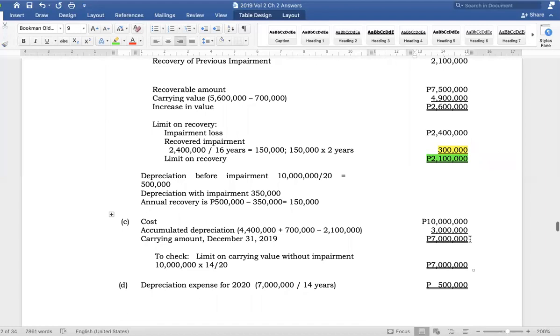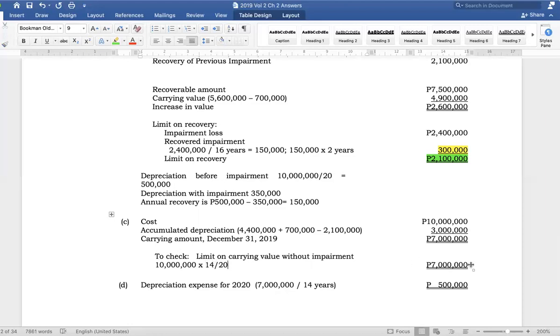This carrying amount should not be higher than the carrying amount had no impairment been previously recorded. So to check, your limit on carrying value without impairment is 10 million. Ang remaining useful life natin based on original estimate at the date of recovery is 14 over 20.